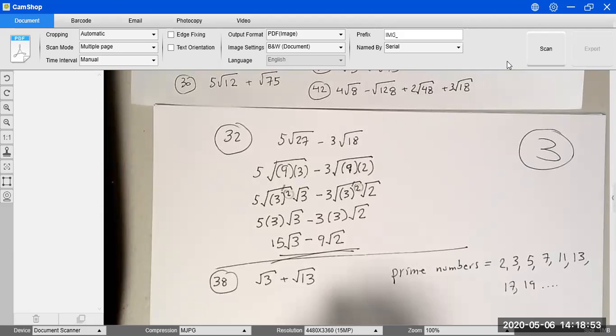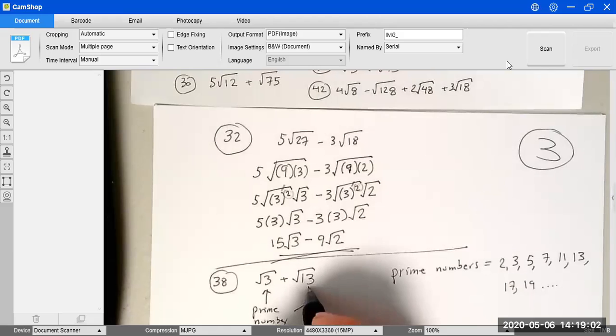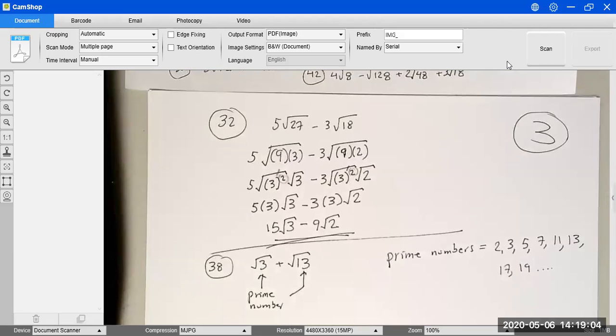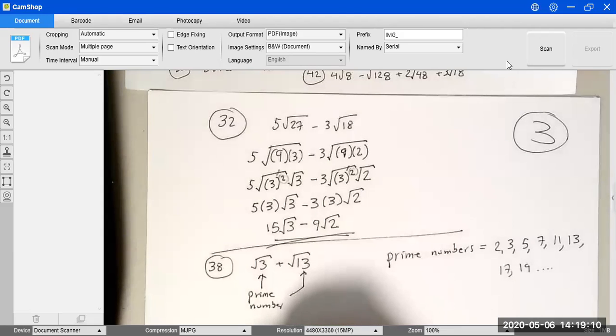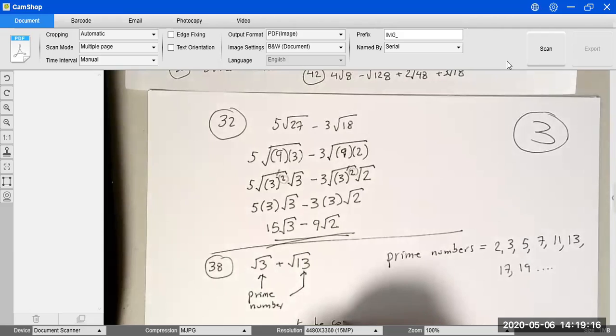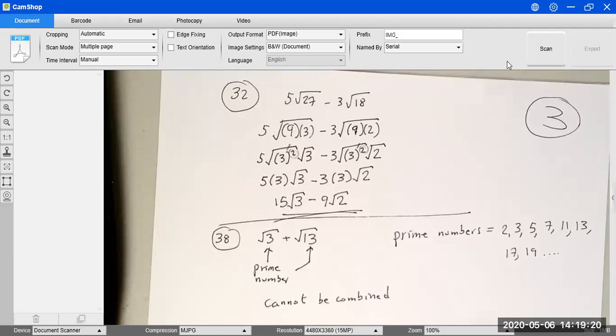So you can see here that this is a prime number. The radical here is a prime number, and also the radical here is another prime number. So you cannot break this number. So there is no way for you to get like radicals in this case. So the answer is that we cannot combine these radicals. So that's the answer.